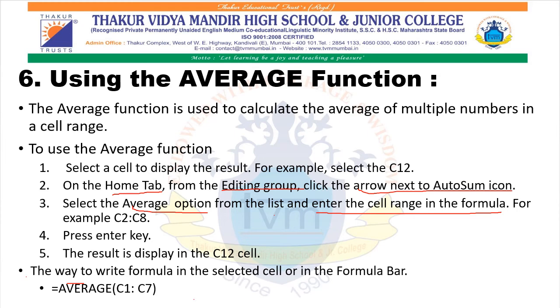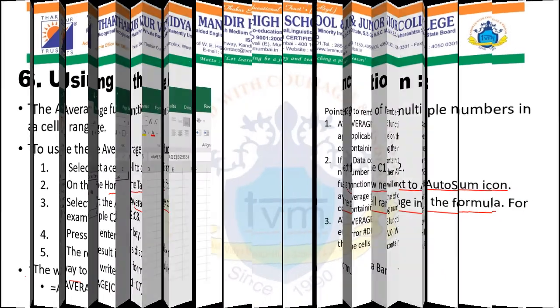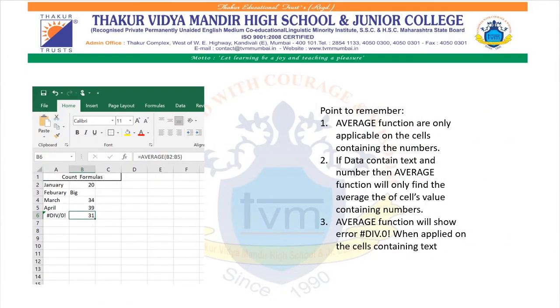To use the average function, select the cell for the result. For example, on the Home tab, from the Editing group, click the arrow next to AutoSum, select the average option from the list, and then enter the range from where the selection will start and where it will end.